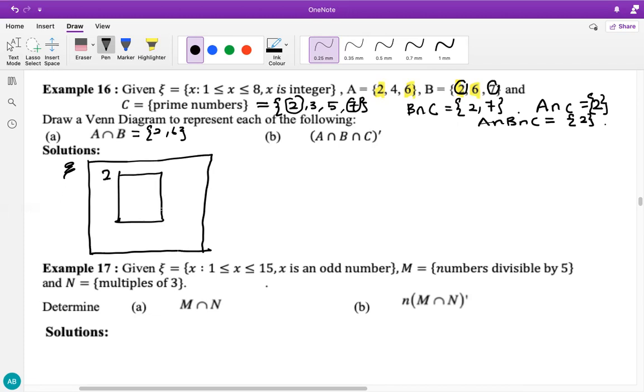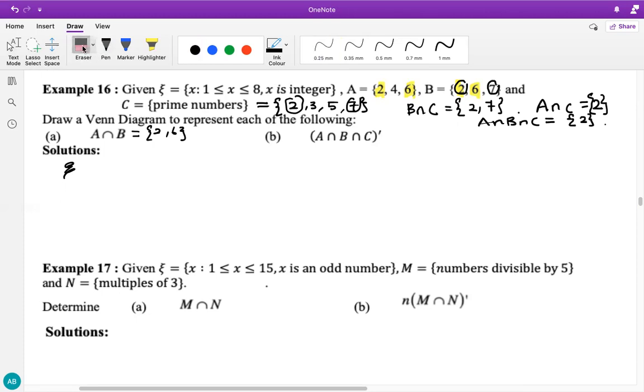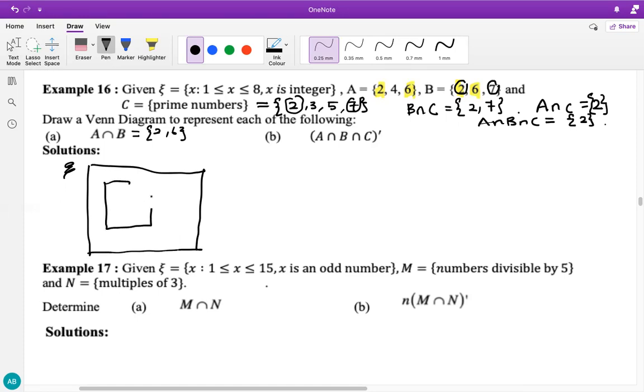I use this for 3, 5, 7, and 2 here. Then B is 2 and 7, and B is also 2 and 6.